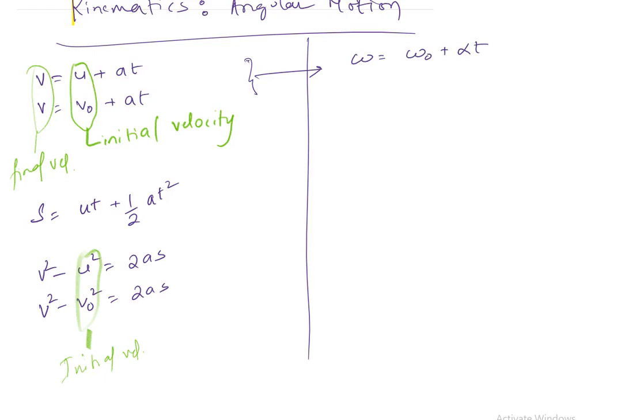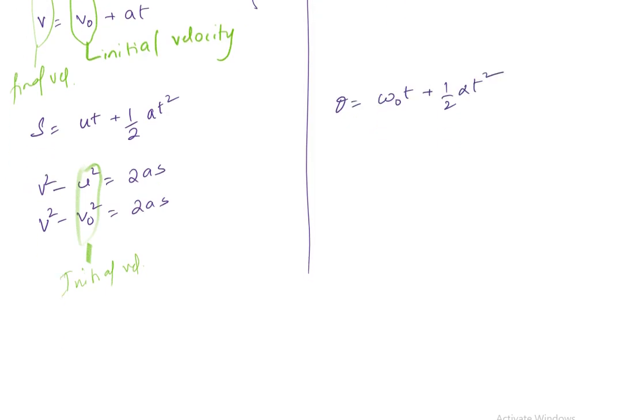Once I give you the formulas, then I'll go into the explanation of what each of these terms means. And here theta equals omega naught t plus half alpha t square, and then here we have omega square minus omega naught square equals 2 alpha theta.